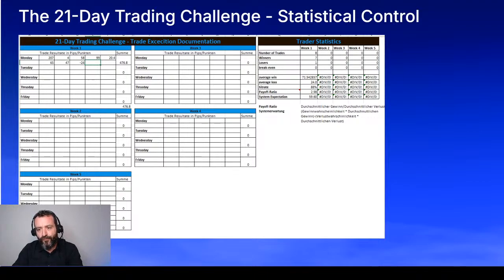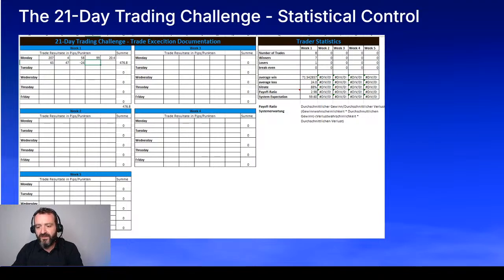So you can see then for each week, it's accumulated out of this box, and it is calculating your average win, your average loss, your hit rate, your payoff ratio, and your system expectation.